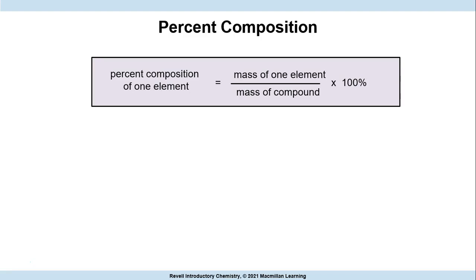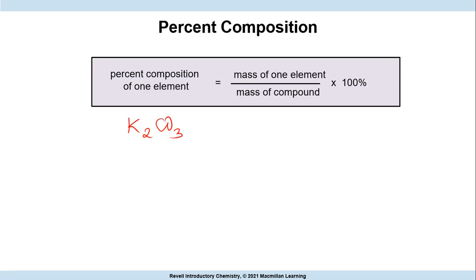So when we talk of percent composition, let's go back to the example we've just seen, potassium carbonate. If you are asked to calculate the percent composition of potassium in potassium carbonate, it means that you are going to take the mass of potassium in this compound divided by the total mass of the compound times 100. That is what is called percent composition.